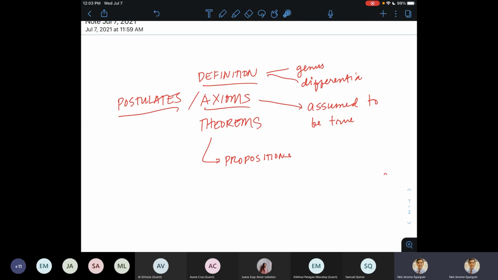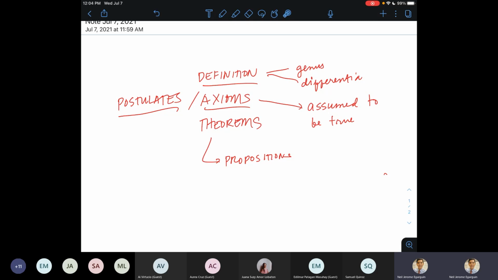So ito yung mga statements that the only point of me including them in the modules or in the discussions would be to illustrate how to use the theorems. So the beauty or the utility of propositions would be on the proof. It would be a practice of using the theorems and the definitions in order to prove them.